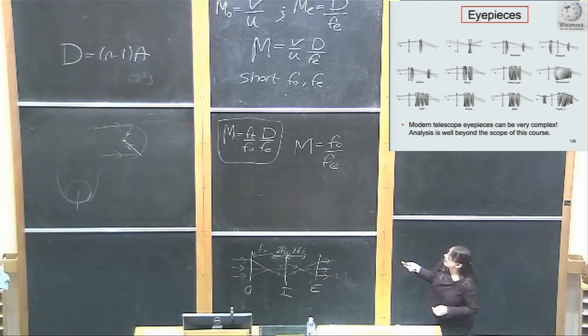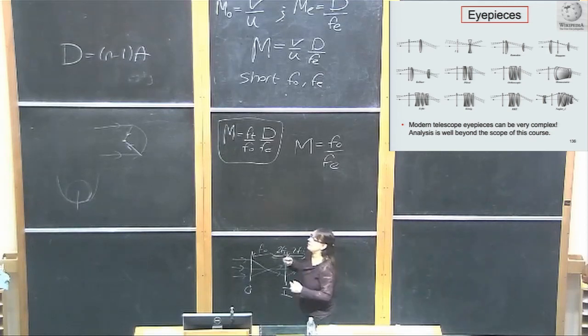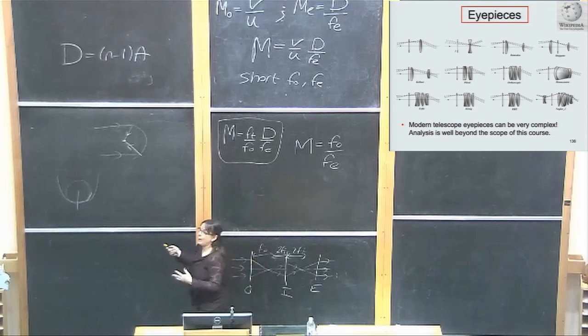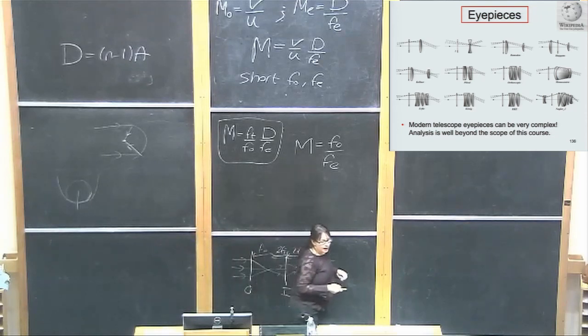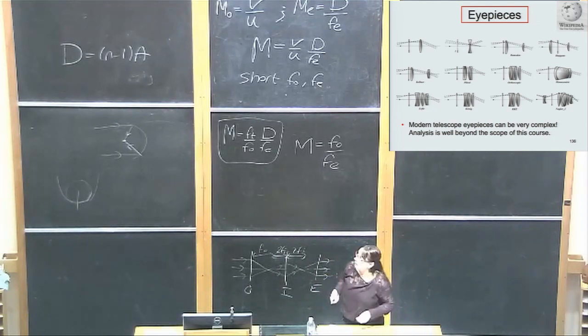This one is a really super duper lens that you would find in very expensive amateur telescopes. It's the ultimate eyepiece. So you can see how complex it gets to try and deal with these issues of aberrations in real pieces of equipment.